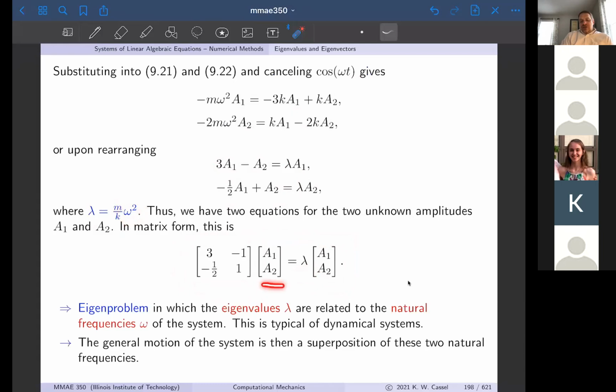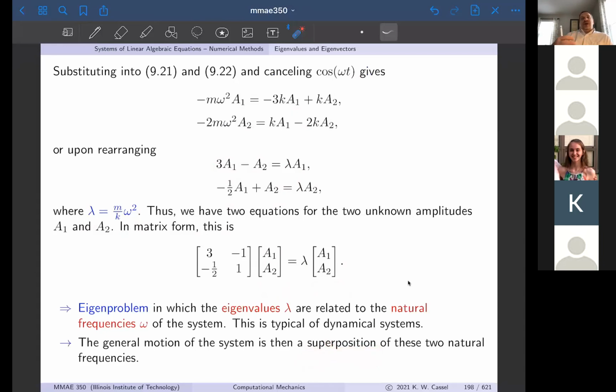And then the A's actually are the eigenvectors. I don't care about the amplitude, so I don't really care about the eigenvectors in this case. But again, the eigenvectors do have a physical meaning. And then once I have these, I know that the general motion of the system is the superposition or the combination of these two natural frequencies.